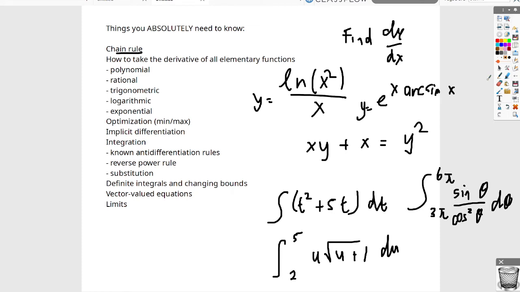So if you can't take the integral of those three, you need to brush up on your trig. Well, you need to brush up on your integration.